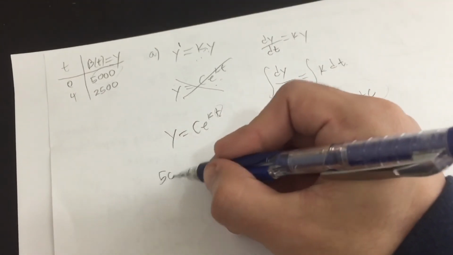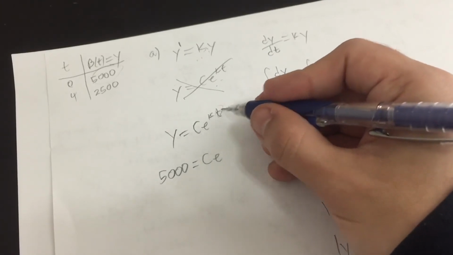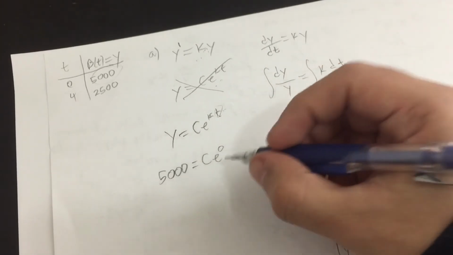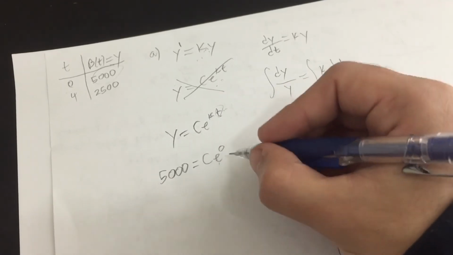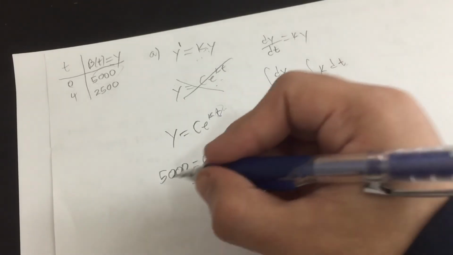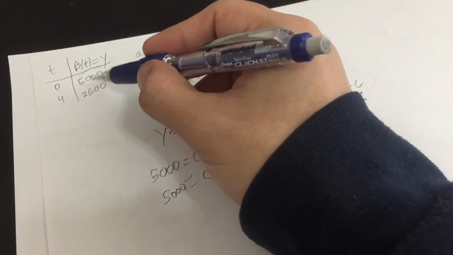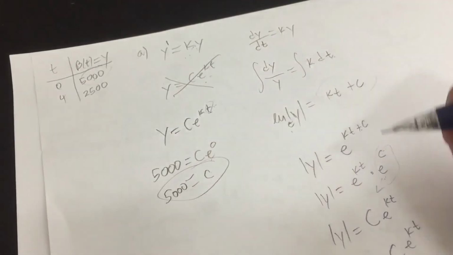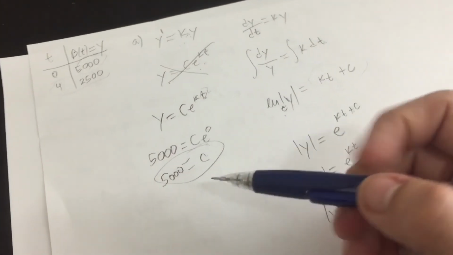So 5,000 equals C times e to the k times 0. k times 0 is just 0. And what's e to the 0? That's 1. 1 times C, this better be C equals 5,000. And we knew that from the previous problem. That was pretty easy. That's the beginning amount. So C is 5,000.